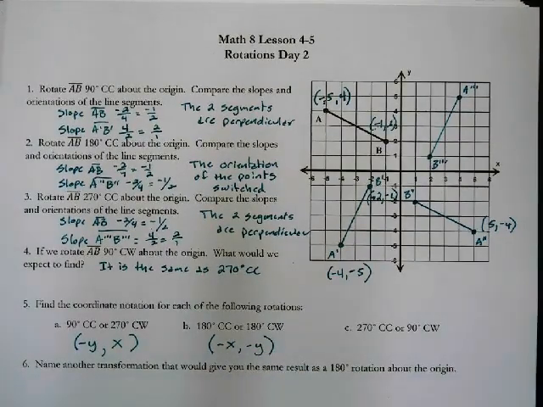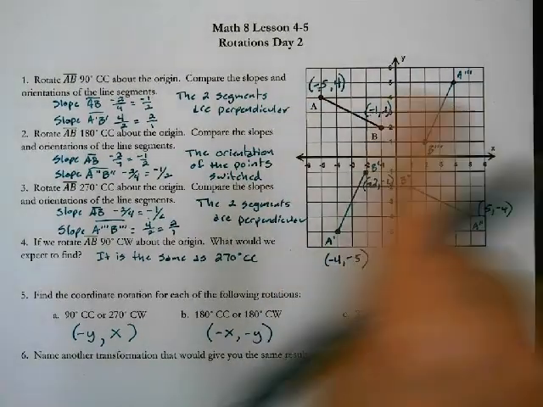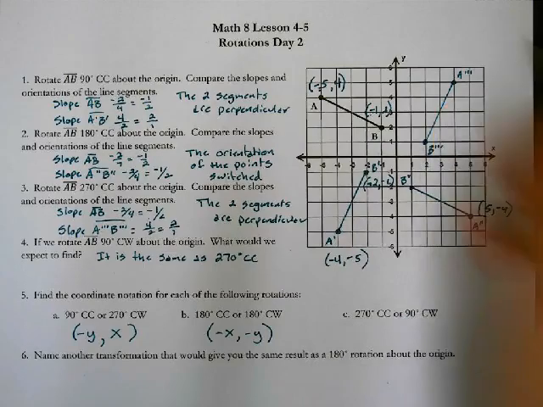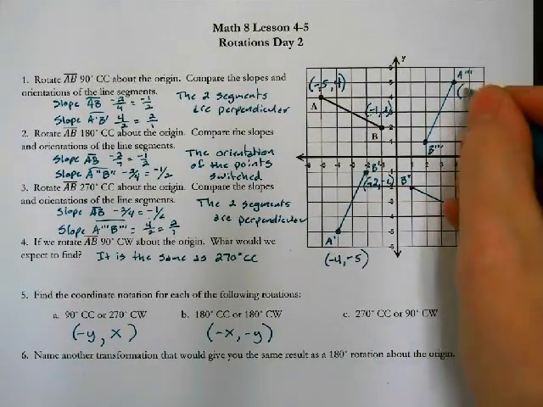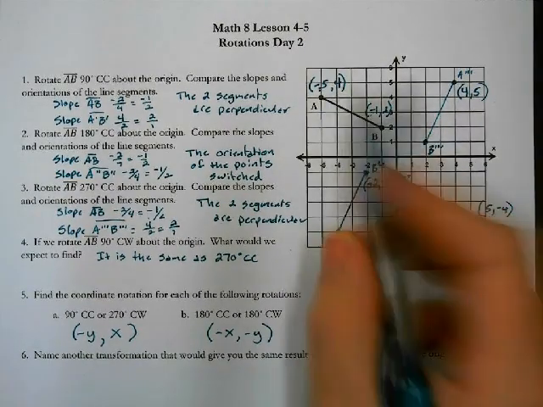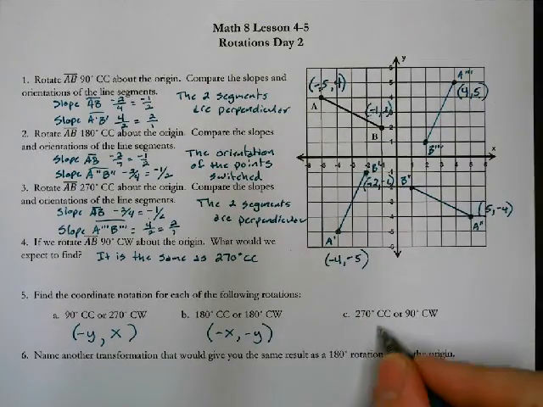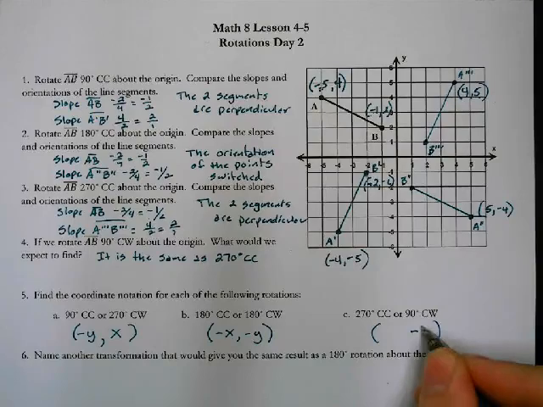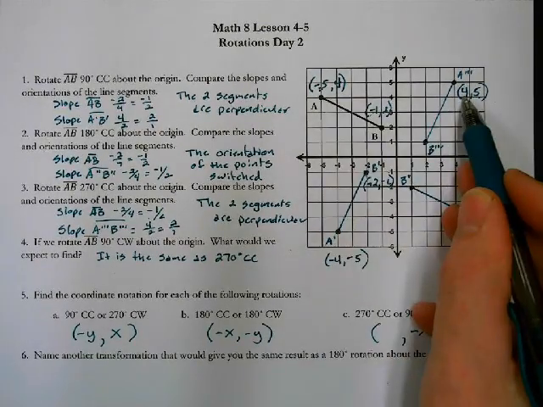When we do 90 degrees clockwise or 270 degrees counterclockwise, A is at 4, 5. So it looks as if the X moves to the Y position, but changes its sign, and then the Y moves to the X position, but keeps its sign.